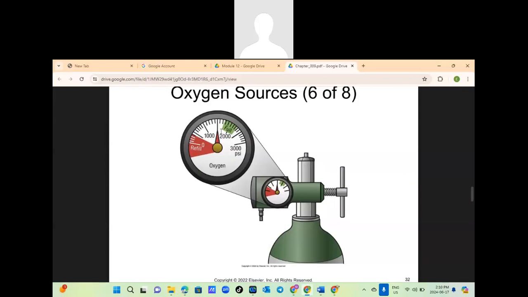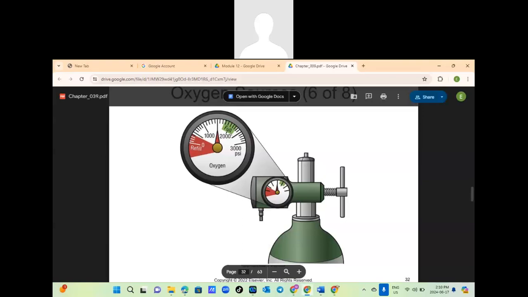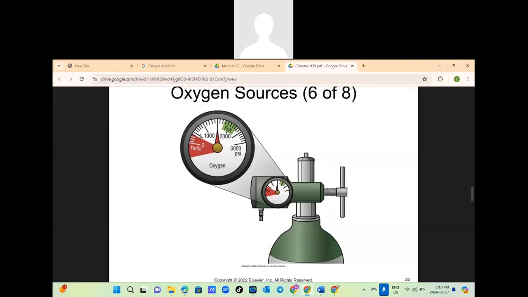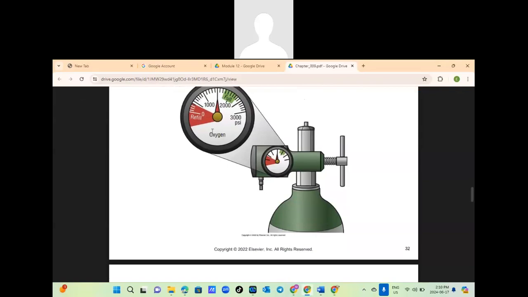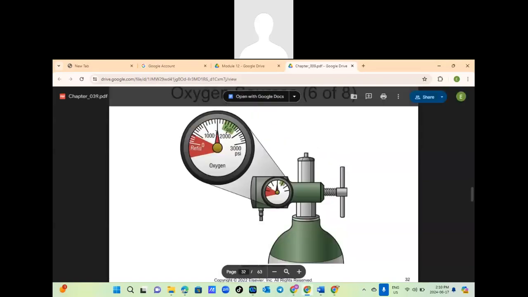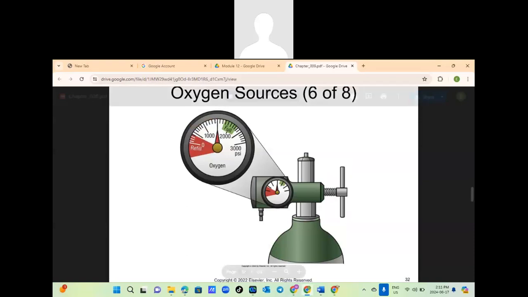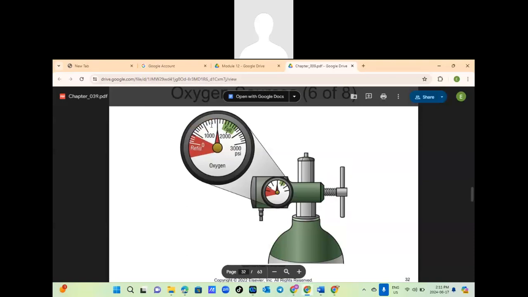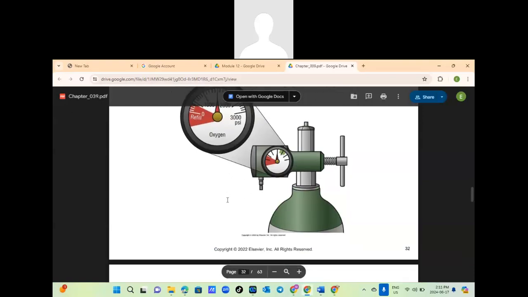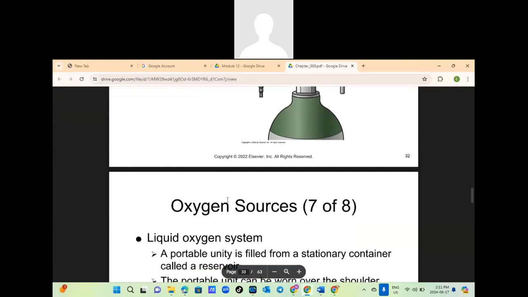Usually in my unit we're okay with 2000, because 2000 means full. And when it's closer to zero, it means we have to have it refilled. So the gauge shows the amount of oxygen remaining in the tank. This one over here is pretty much half, maybe a quarter full, because 2000 is full, and of course the client is using the oxygen.